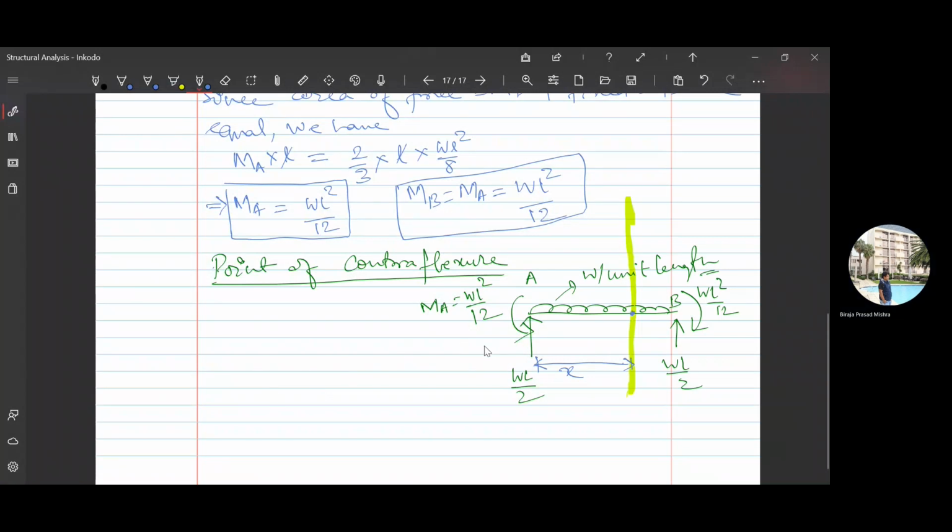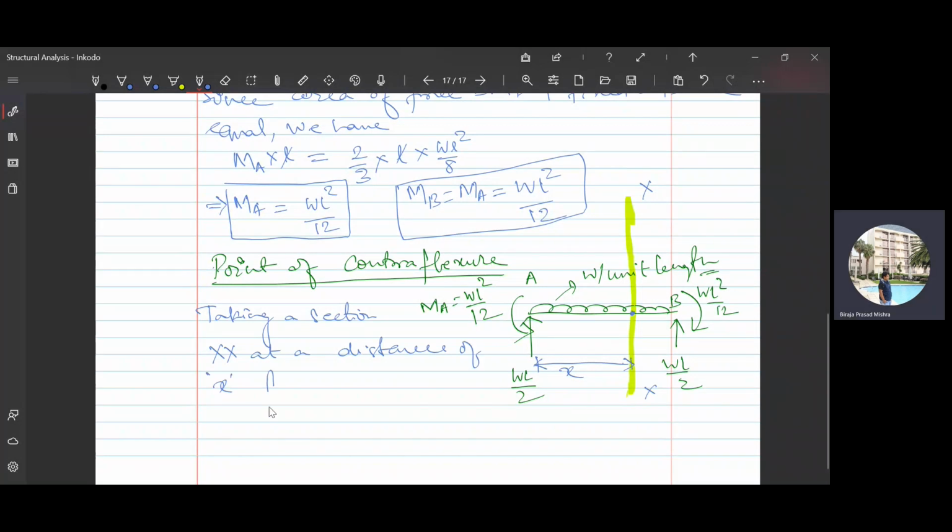Okay, so I write it like this. Okay, taking a section capital X at a distance of small x from A. It is at a distance of small x from A. What will be the value of moment?